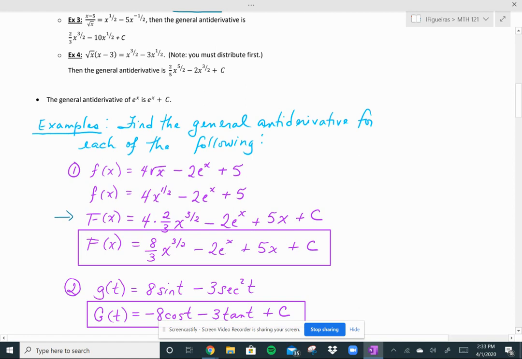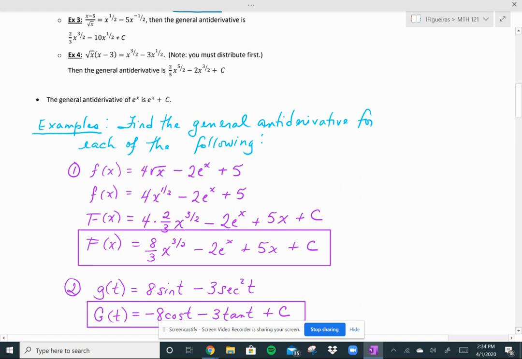And then the antiderivative of 5. Remember, you're going backwards. So the derivative of 5 would be 0, but the antiderivative of 5 is 5x. So when you have a constant and you're looking for the antiderivative, you're just attaching the variable to the constant. And then again, followed by your arbitrary constant or your constant of integration.